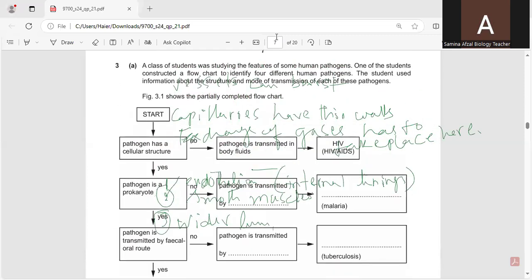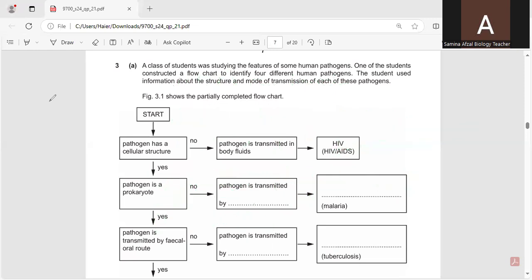Now, question number 3 is there. A class of students was studying the features of some human pathogens. One of the students constructed a flow chart to identify 4 different human pathogens. The students used information about the structure and mode of transmission of each of these pathogens.